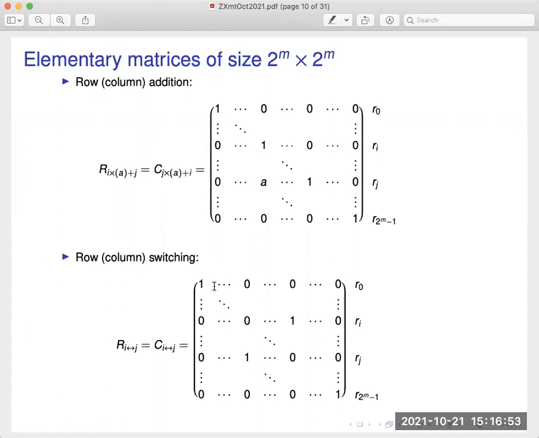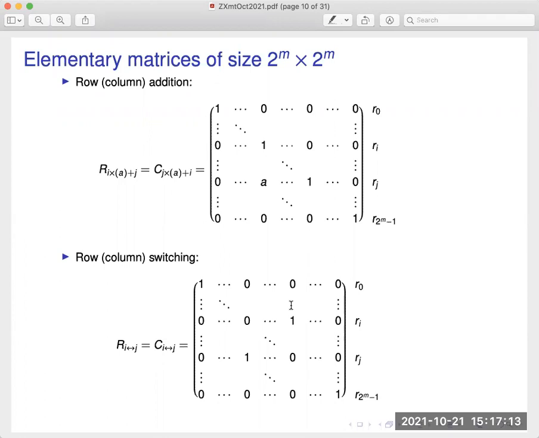And the last type is row or column switching. That means you swap the ith and the jth row, or the ith and jth column.